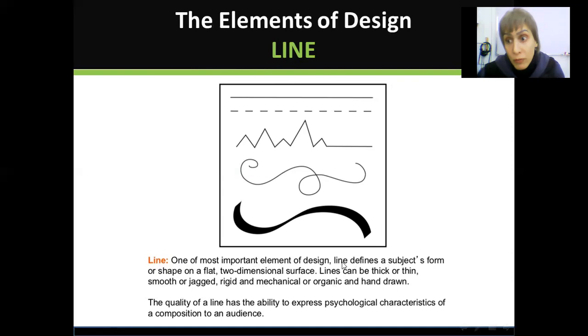So of course, it's one of the most important elements. You can use line to define forms, to define the shape or form of an object. So to draw something, for example, using a line, you can make something look like something.